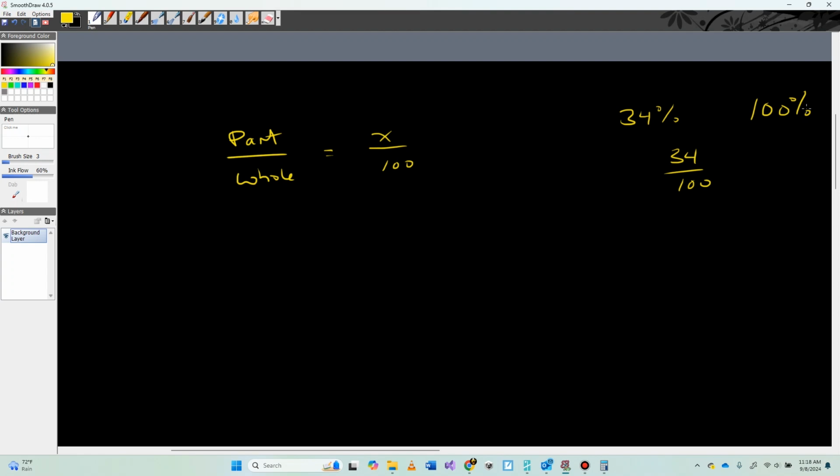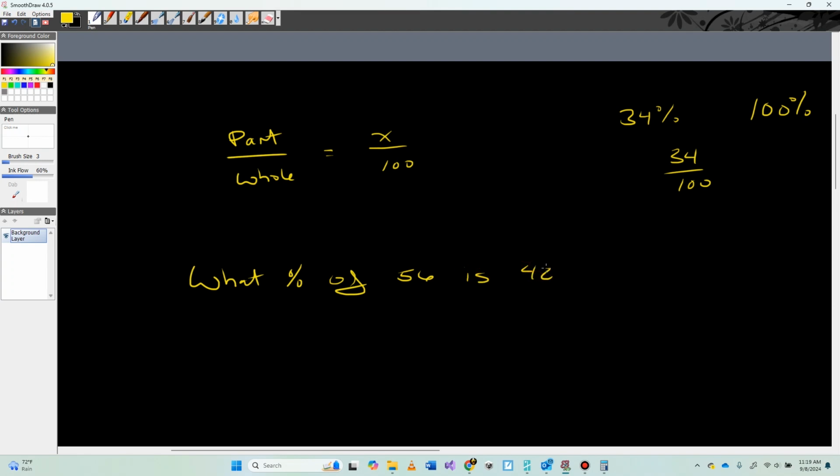From here, we can do a bunch of different problems that deal with percents. One of those problems can be the following. For example, what if we were given this question: what percent, and I'll write percent as the percent sign, of 56 is 42?